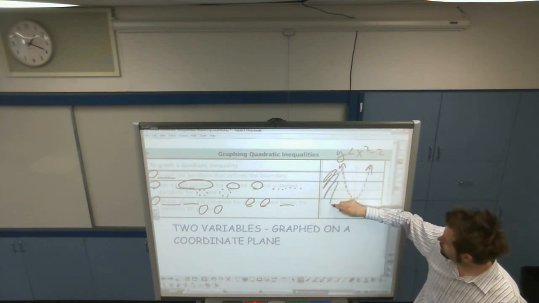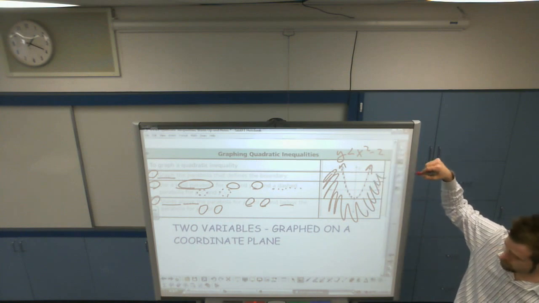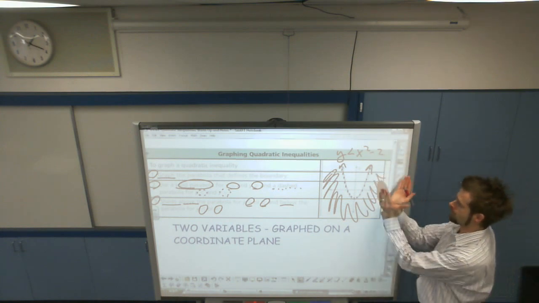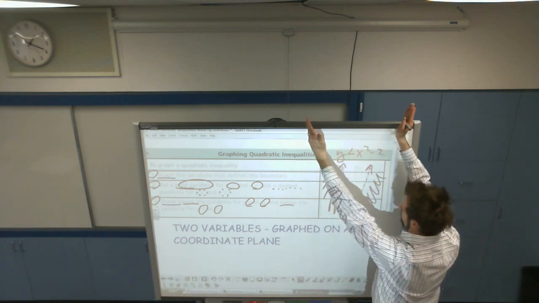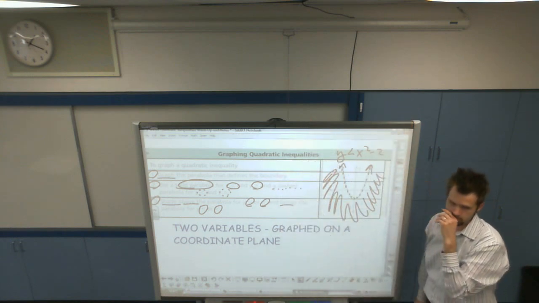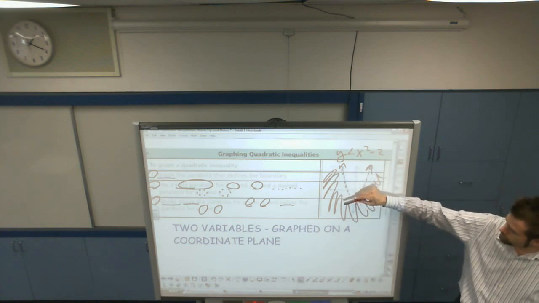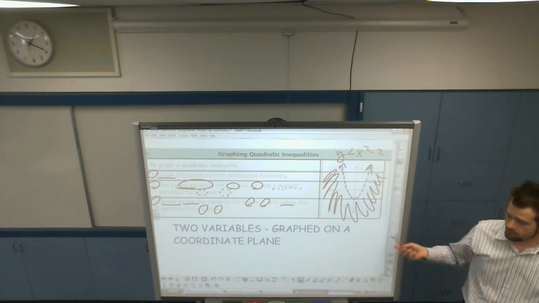Less than, in this case, would be that, right? So for a parabola opening up, greater than above the parabola would sort of be inside it, and less than would be on the outside. So the parabola is like your boundary, your fence that separates your answers from your non-answers. And that's how it goes.